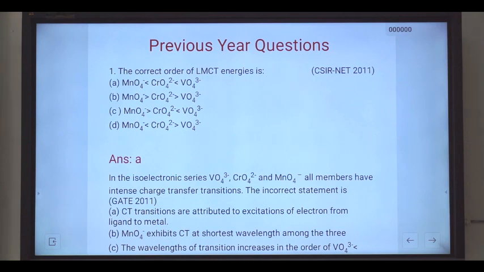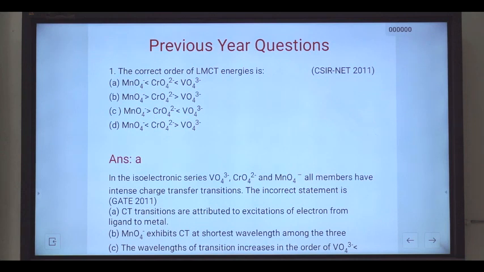For the next question, in the isoelectronic series VO4 3 negative, chromate ion CrO4 2 negative and MnO4 negative, all the members have intense charge transfer transition. They have already given in the question that these compounds show charge transfer transition.